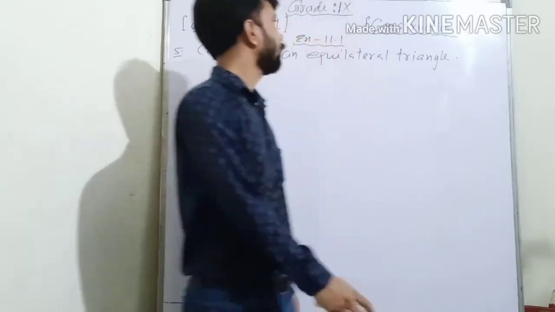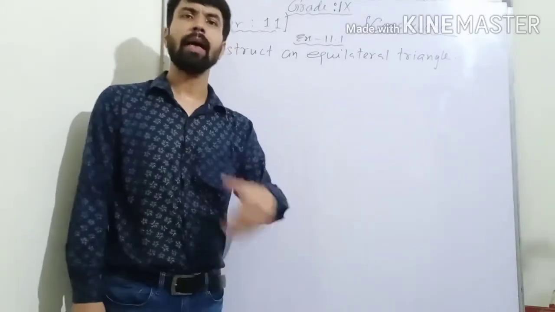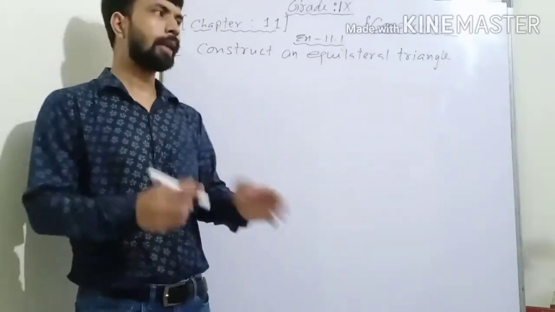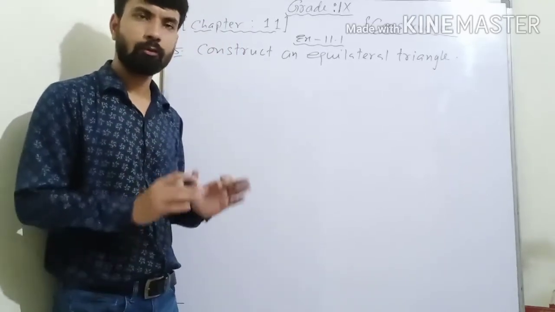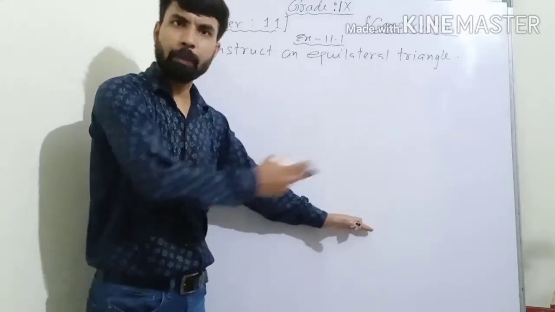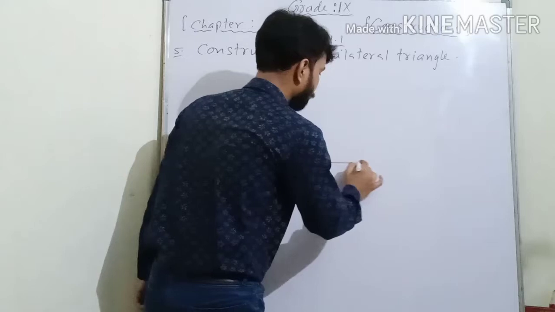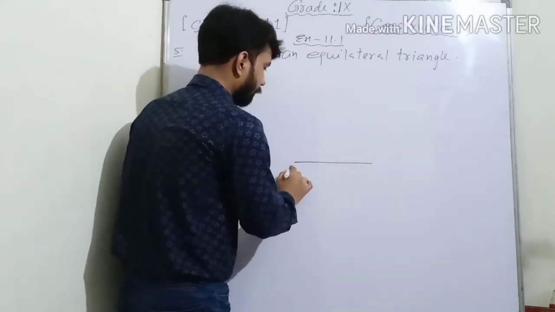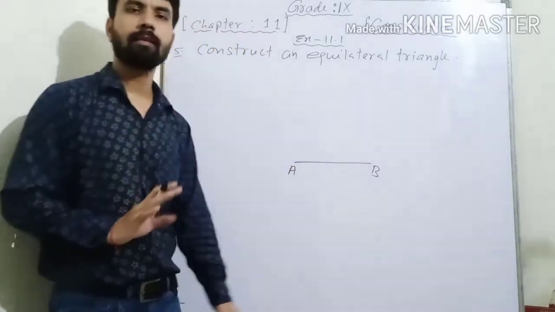Very good. Now, but how can we construct an equilateral triangle of any length? For constructing an equilateral triangle, firstly we will draw a baseline of any length. So, I have drawn a baseline AB of any length.